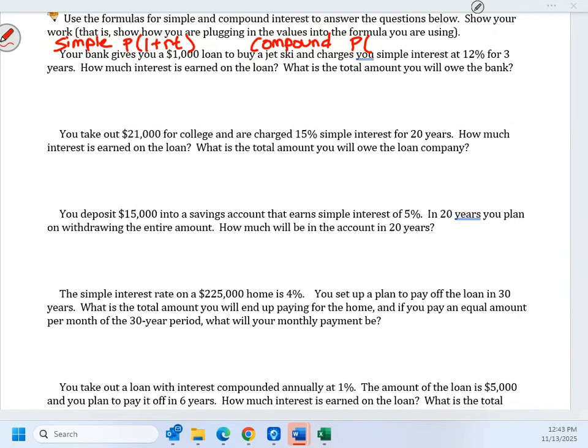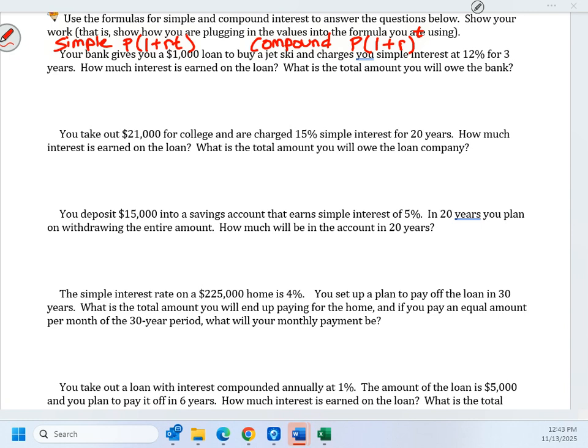Because we had our 3 different words, there wasn't an I. So principal, rate, and time. So we've got 1 plus rate, parentheses, the thing, exponent for the time.